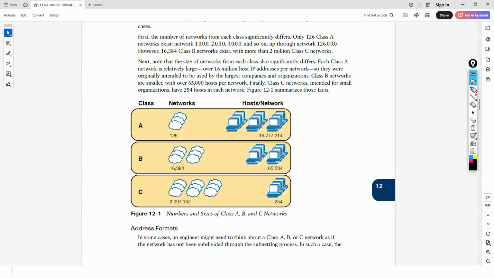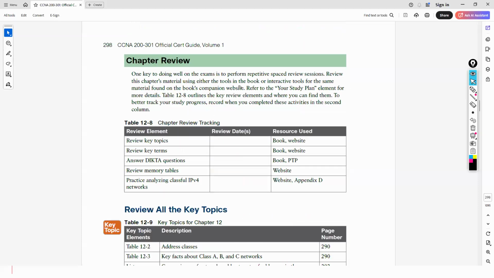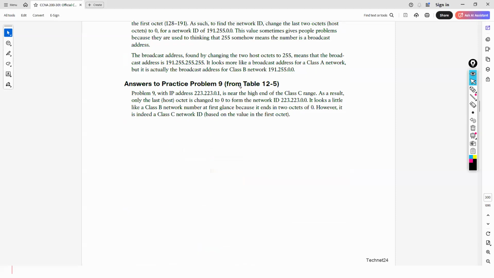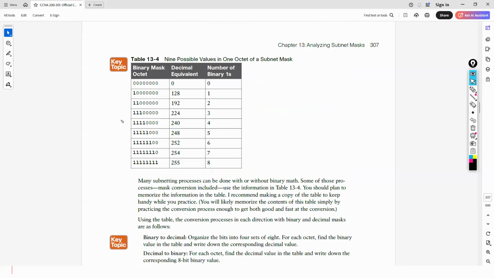So you can see these are the only values you can choose for an address mask. Starting from the left hand side, 1, then 2 ones, 3, 4, 5, 6, 7, and 8. You can see all your ones are on the left hand side and all the zeros are on the right hand side. And people who are already aware of IPv4, you know that these are the numbers that we choose. And now you know why we are supposed to choose these numbers only.